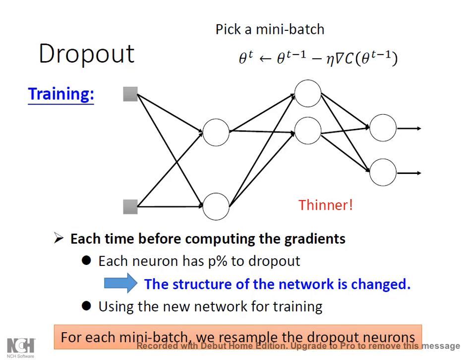Actually, for each mini batch we will reset the dropout neurons. Remember the mini batch: we divide your training data into several batches. For each batch, you use it to update your weights, then use the updated weights to take the next batch to train again. That is called a mini batch. So for each mini batch, we use a different dropout network to do the training.